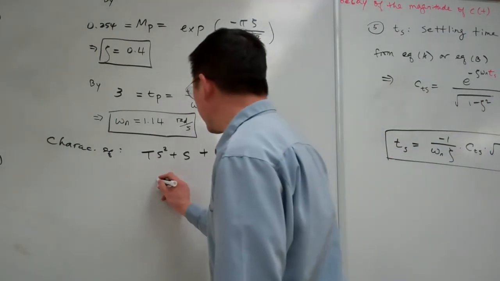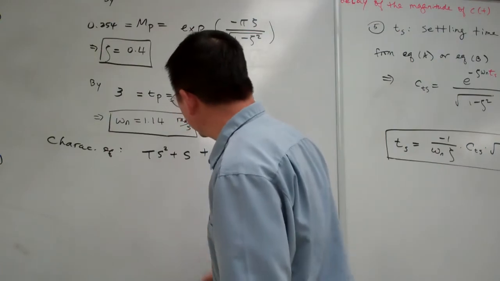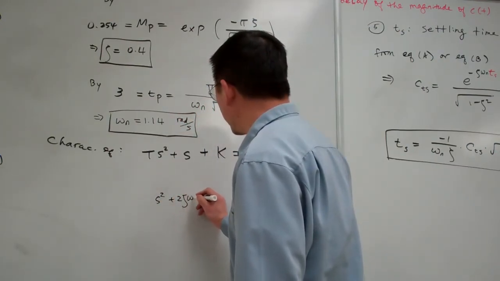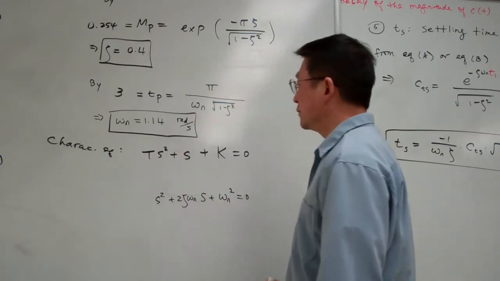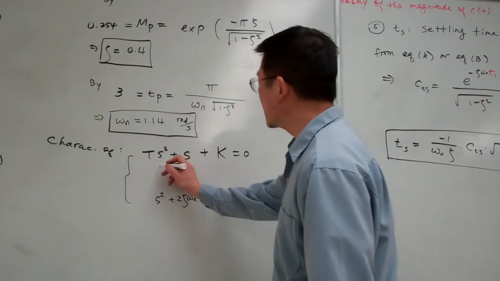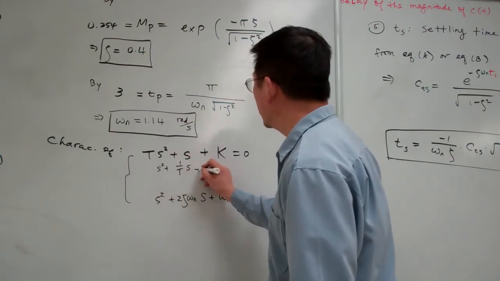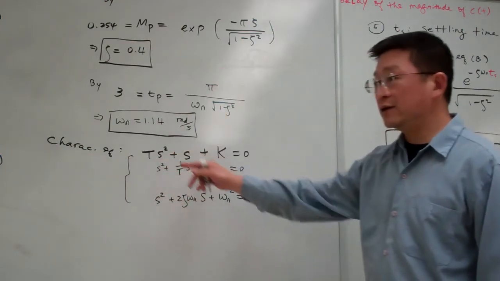Our standard form is s squared plus 2 zeta omega n s plus omega n squared equal to 0. So we compare the two cases. Here, let me divide it: s squared plus 1 over T s plus K over T equal to 0. So simply we compare the systems.